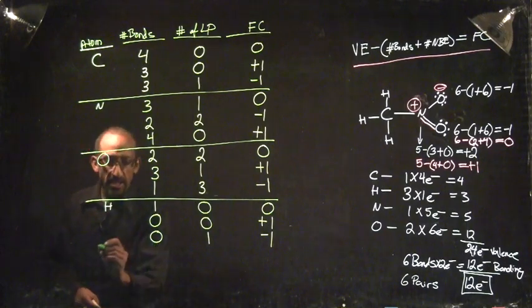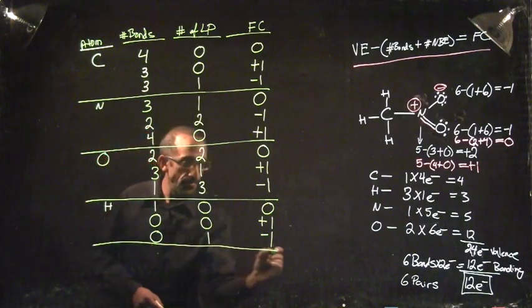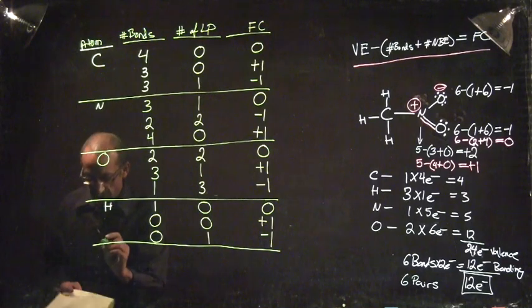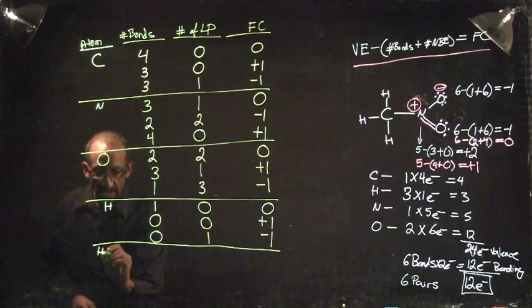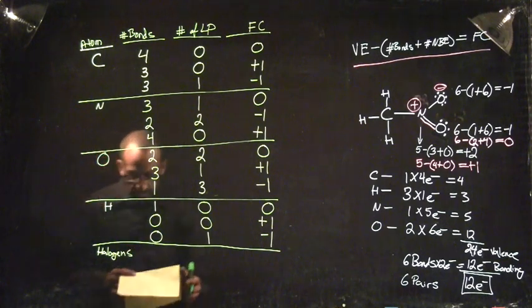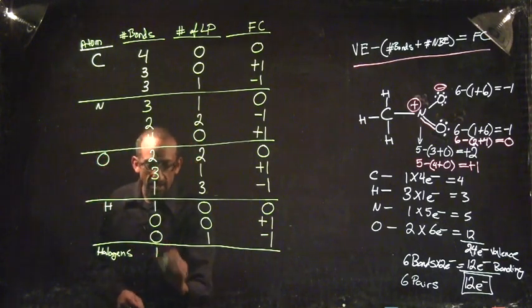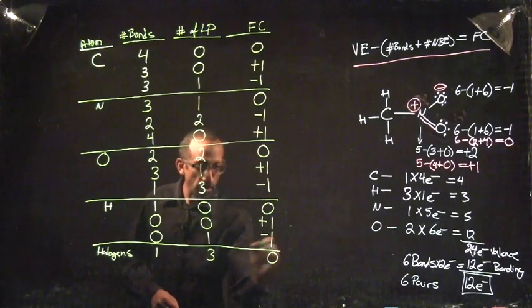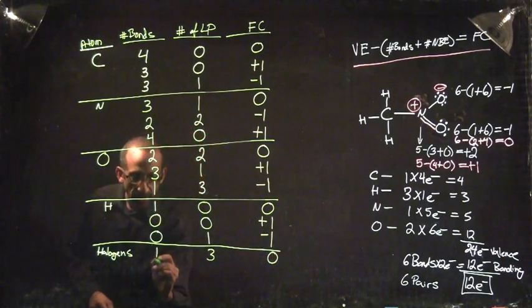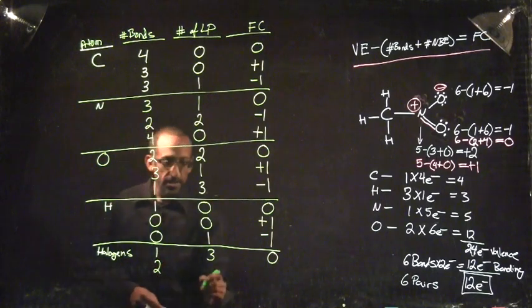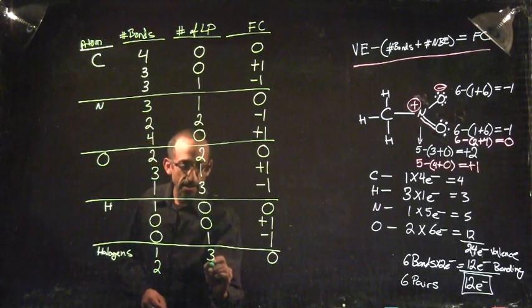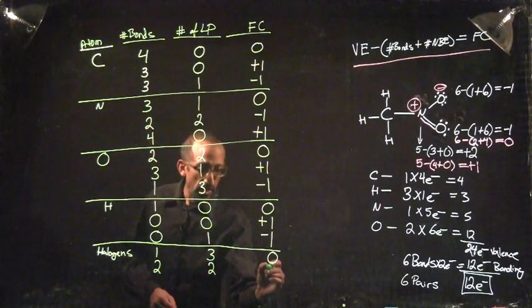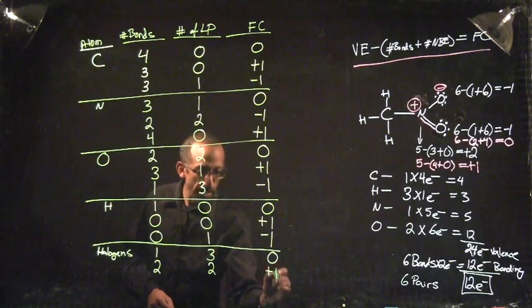And finally, let's take a look at the halogens. So this is going to be any of the halogens. If I have 1 bond to the halogen, I have 3 lone pairs on the atom, we have a formal charge of 0. If I have 2 bonds to the halogen atom and 2 lone pairs, I will have a formal charge of plus 1.